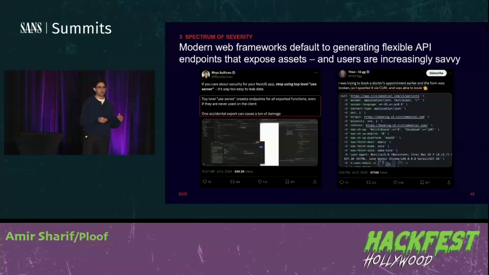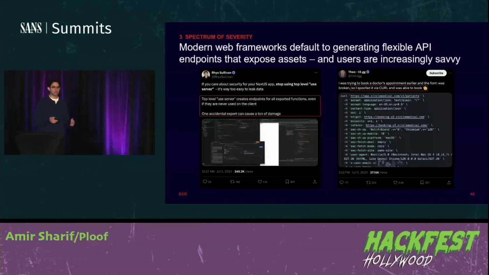What's tough, though, is that a lot of these vulnerabilities are increasingly shifting to the right end of that scale, being perceived as more and more vulnerable. Part of that is because a lot of modern web app frameworks, by default, create accessibility for the backend.